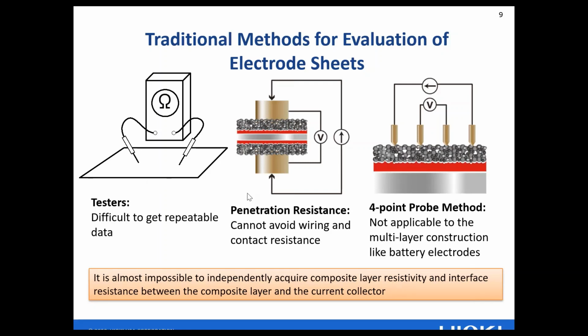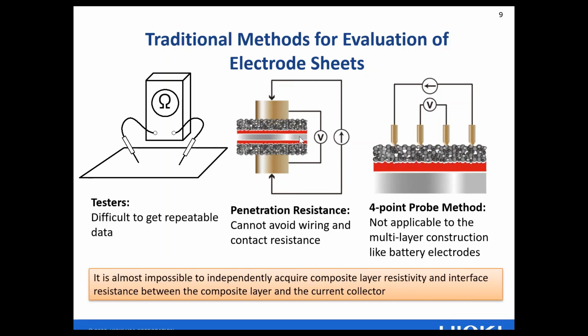The next method that's commonly applied is to squeeze the electrode sheets between 2 conductive pins or cylinders, apply a current over that sheet, and measure the voltage drop over the sandwich layer. That works pretty well.